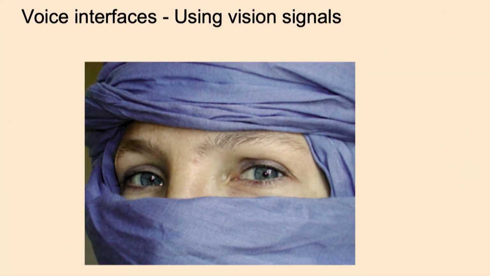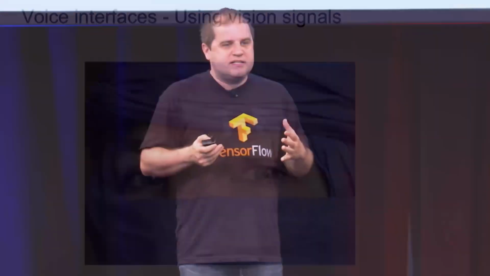Another thing that I found really interesting is voice interfaces and vision signals. One of the most obvious ones is, are you looking at a device? Is that a really useful signal to help you understand, especially when you have dozens or hundreds of these devices in your home or in your workplace or in your environment, they want to know which one you're actually talking to.